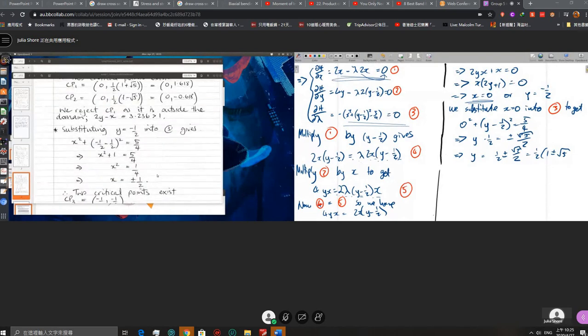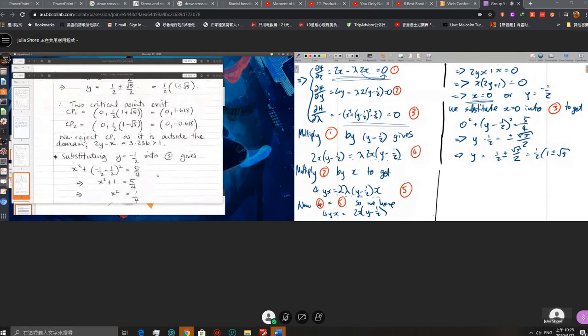All right, so we've found 2 critical points here. Call it critical point 1, so it's going to be at x equals 0 and y equals a half, sorry, I didn't shut that bracket before, a half outside 1 plus the square root of 5. And critical point 2 is x equals 0 and y equals a half, 1 minus the square root of 5.